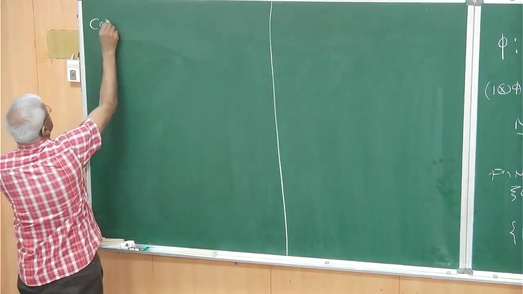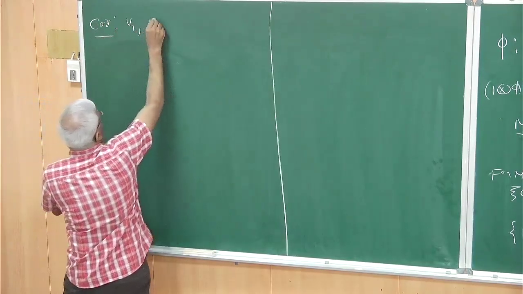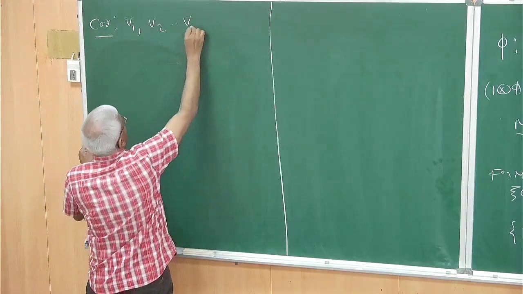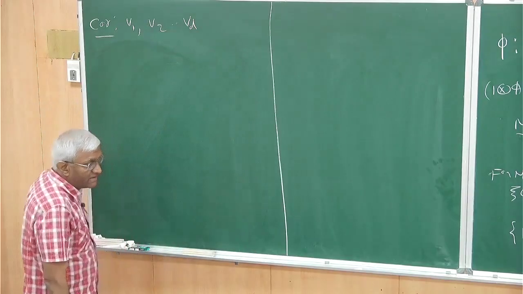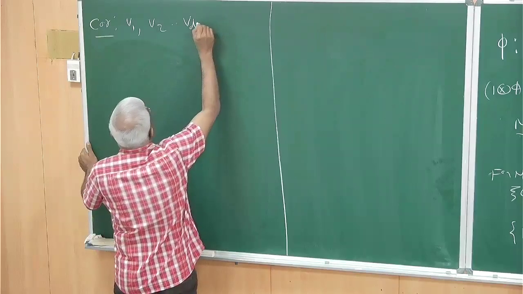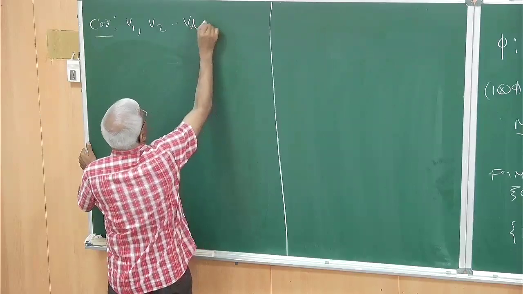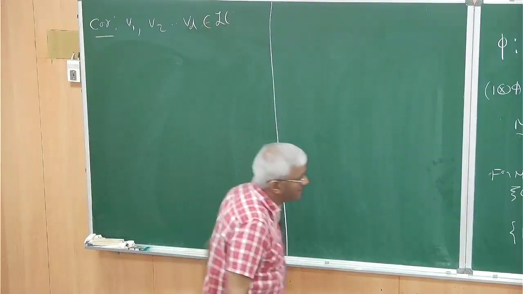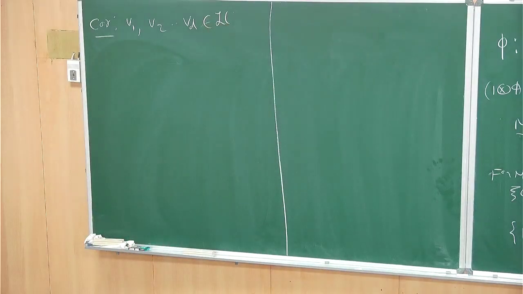So, a corollary to this: if V1 up to Vd, let's say Vd, are maps in L of Cm to Cn. Sorry, here I have written something wrong.